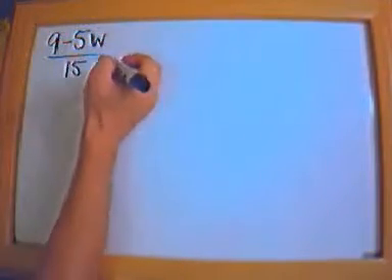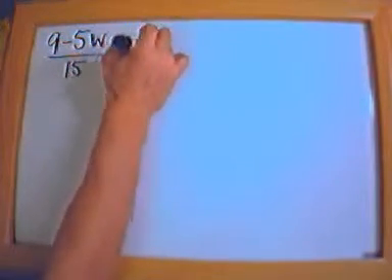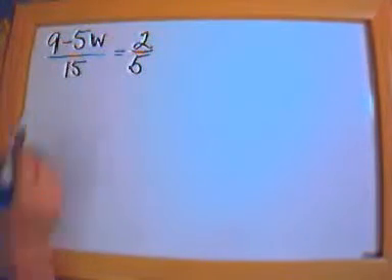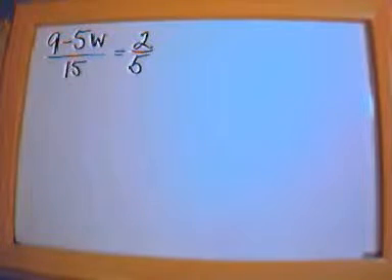It's not that bad. Now here's the final problem in this section. So here it is. 9 minus 5w divided by 15 is equal to 2/5. I want to solve for w.